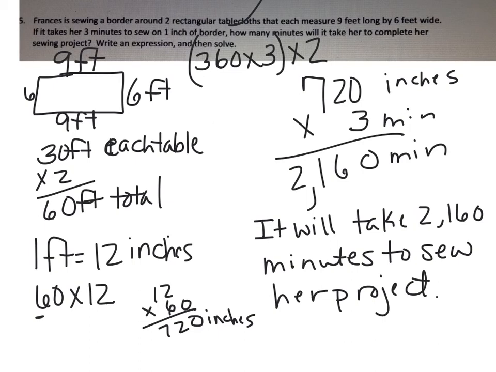It does work out that you get the same answer either way. However, I will encourage you as you work through these problems, when it says to write the expression and then solve, think through that expression. Think through how you're going to solve the problem before you actually do it, and it may help you get a clearer picture of what you need to do.